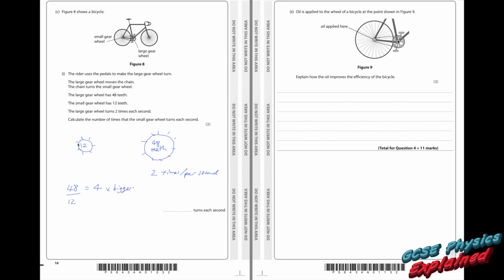So this thing is going to have to spin 4 times every time this large cog spins once. And if that's going round 2 times per second, that's going to go around 4 times faster, which is 8 times per second.